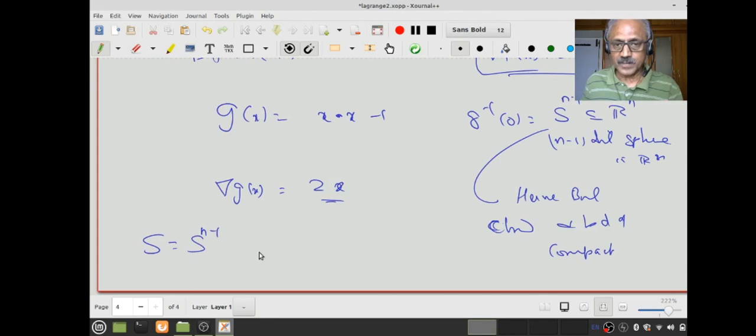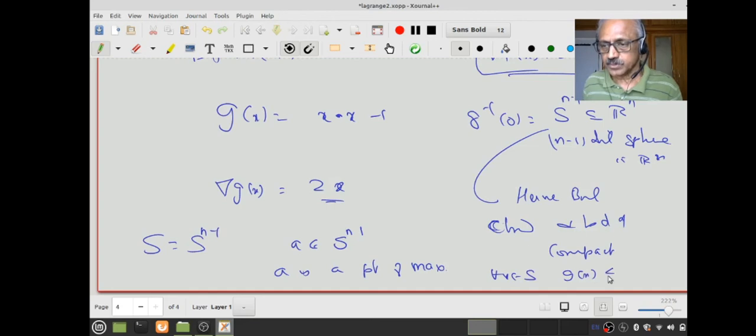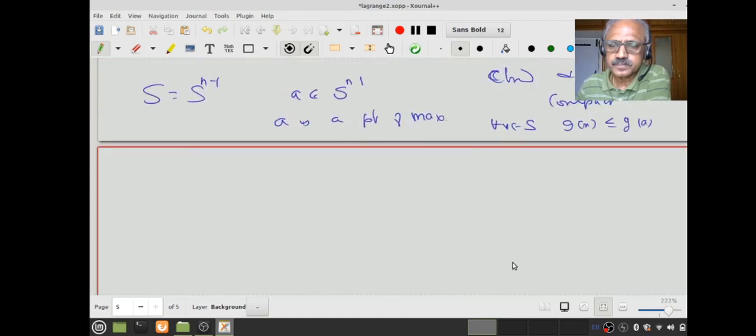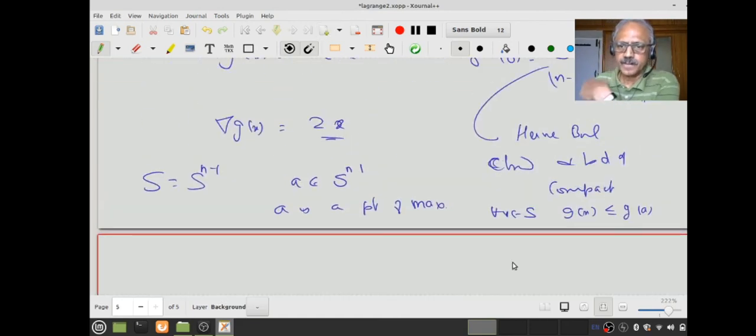But on the compact set there is a point A in S^(n-1) such that A is a point of maximum, a global maximum. So in particular, for every x in S, f of x will be less than or equal to f of A. Do all of you understand this? Pause, review, proceed.